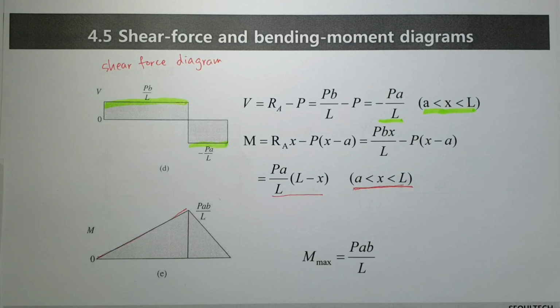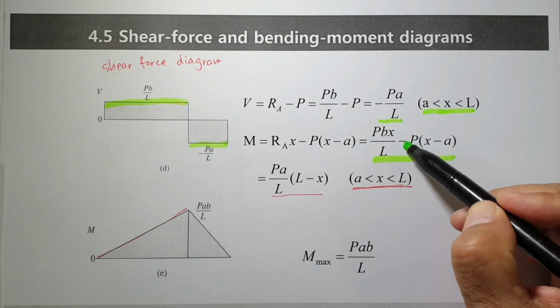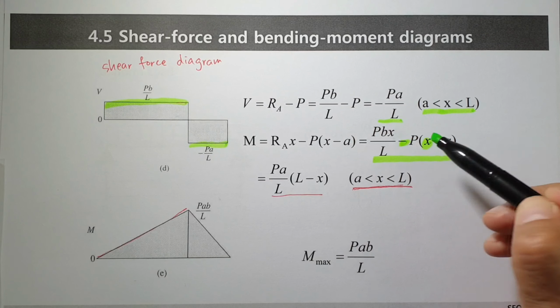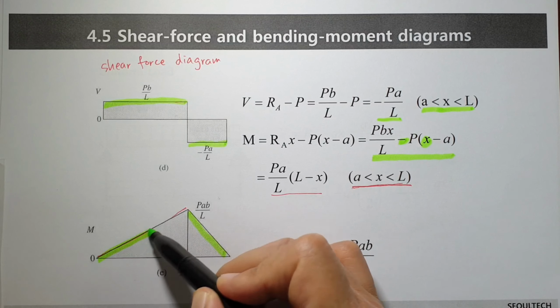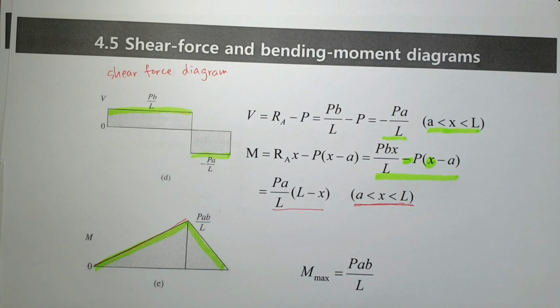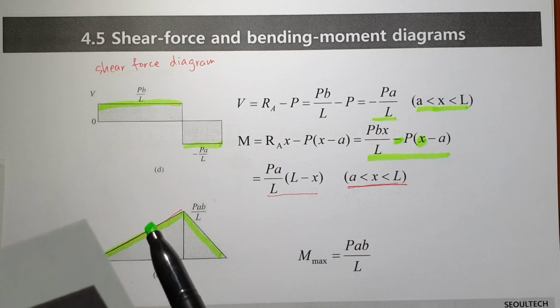On the right side, bending moment is expressed like this one. And when you consider X value is minus, then you can plot like this one. This kind of bending moment can be obtained, the relationship.